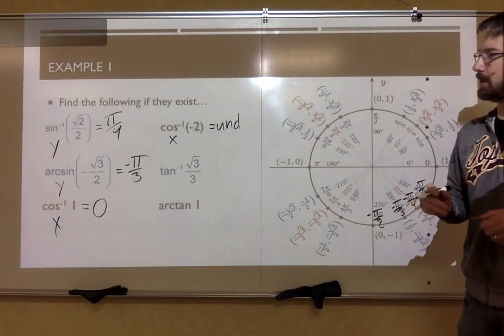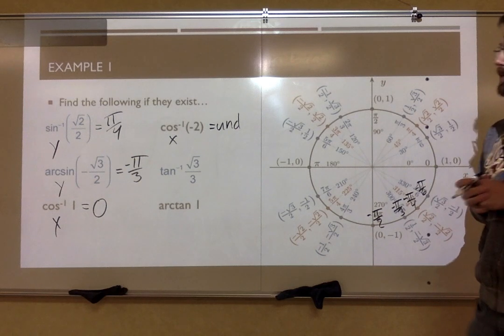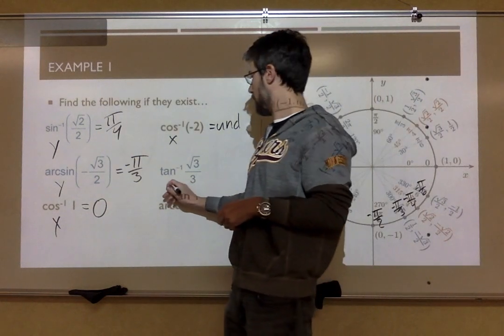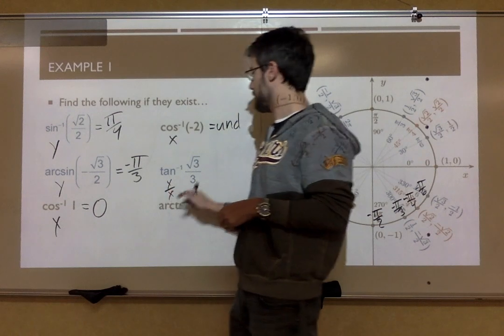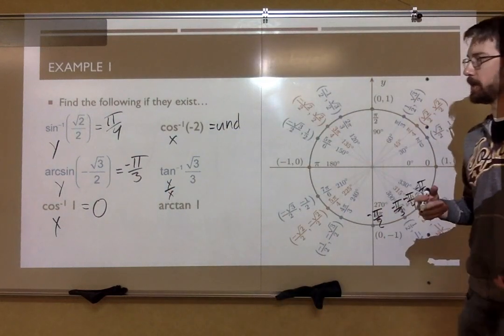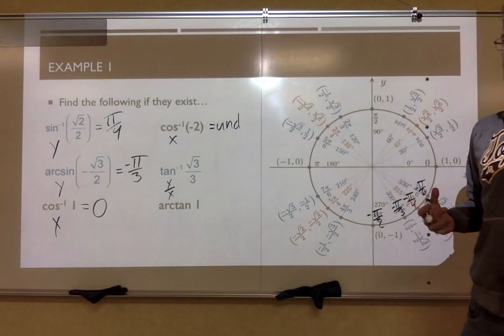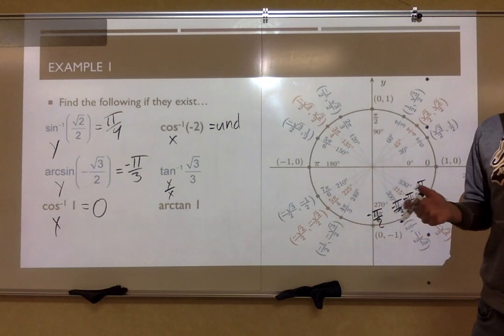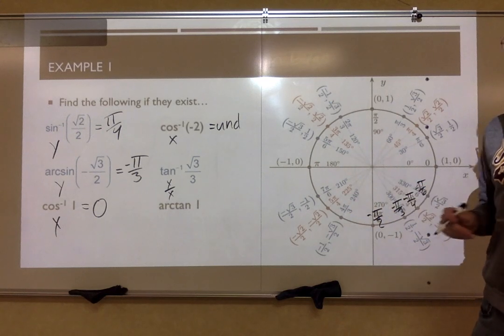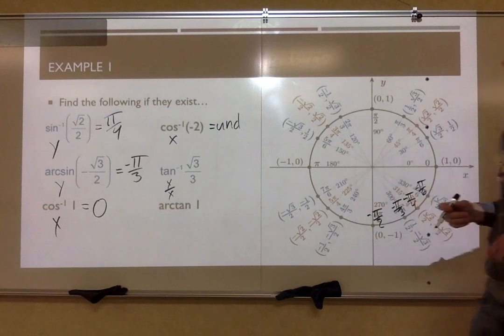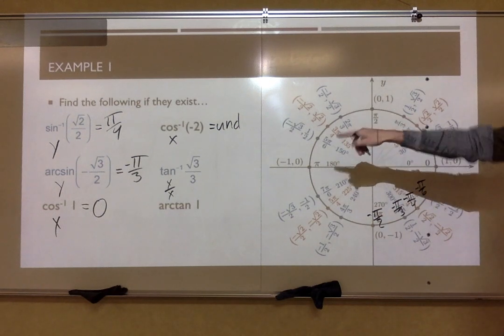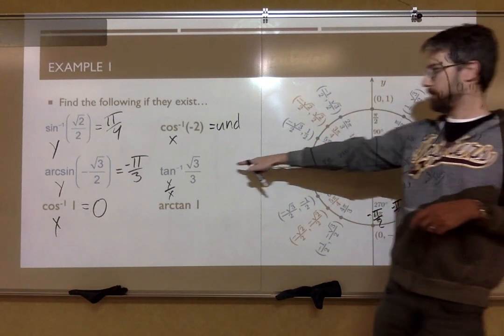Tangents. This is where they get a little bit tougher because now we have to think about where is y over x equal to root 3 over 3. This could take a little bit of trial and error at first, but if you practice enough of these, the same values come up over and over again, so it becomes not a big deal. All right, so first off, it's positive, right?